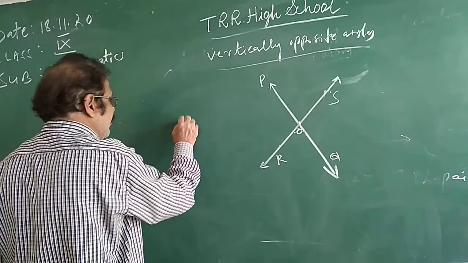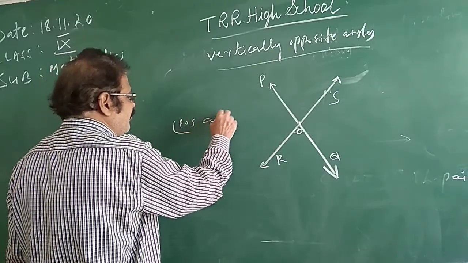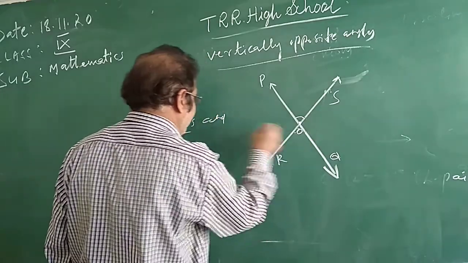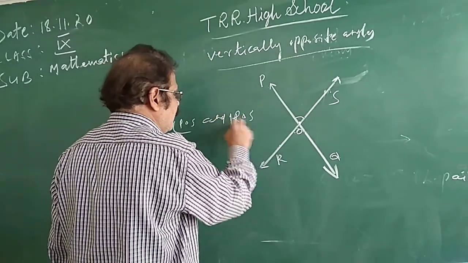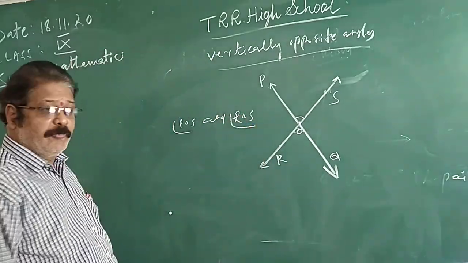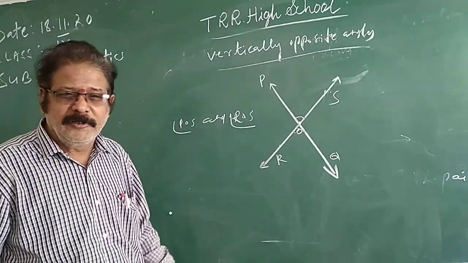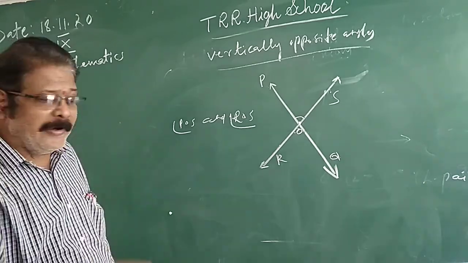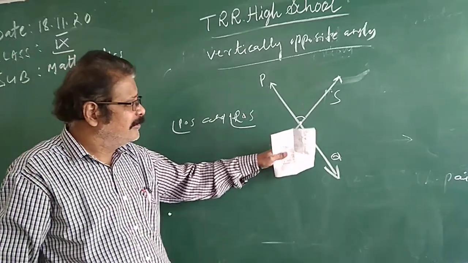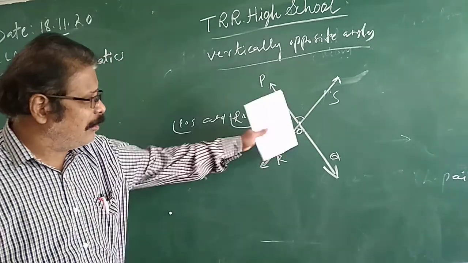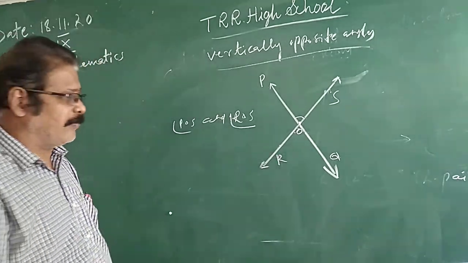Vertically opposite angles, what? POS and ROQ. They don't have any common arm. They have only a common vertex with non-common arms.